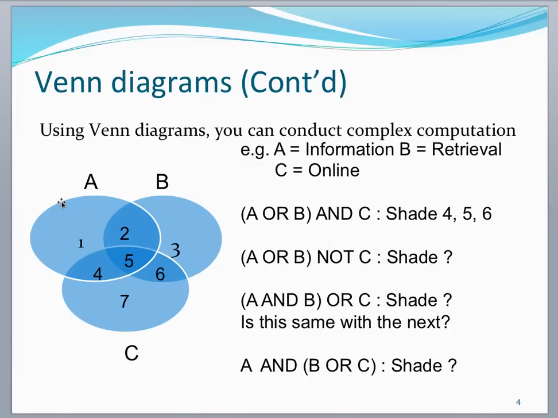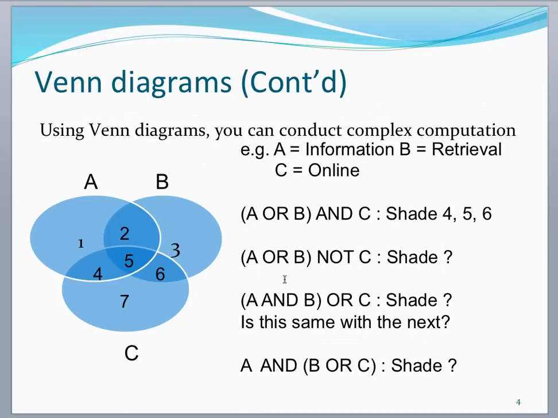Okay, in the first example, A or B, meaning we're going to retrieve all information, and all retrieval. So it means this whole area right here. So we will be retrieving 1, 2, 3, 4, 5, and 6.